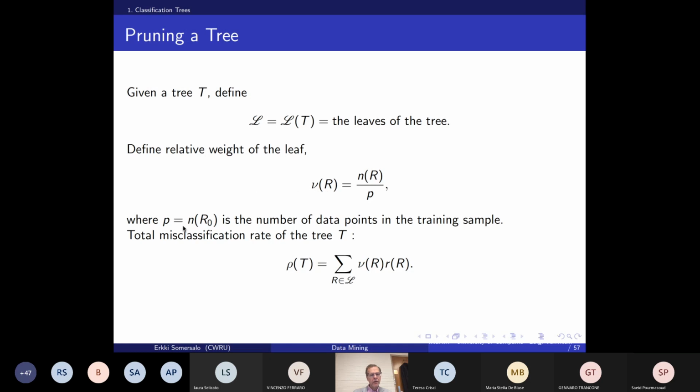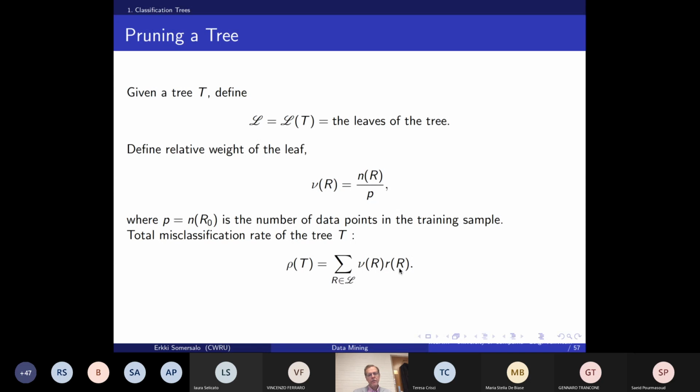And so remember, P is the number of data points in the training sample. So now we are defining something which is called the total misclassification rate. So RR is the misclassification rate of a leaf R. So we are summing over all the leaves. So we have the misclassification rate of each leaf multiplied, or weighted, by the importance of the leaf. And then we are summing up over all leaves, and this is the total misclassification rate.